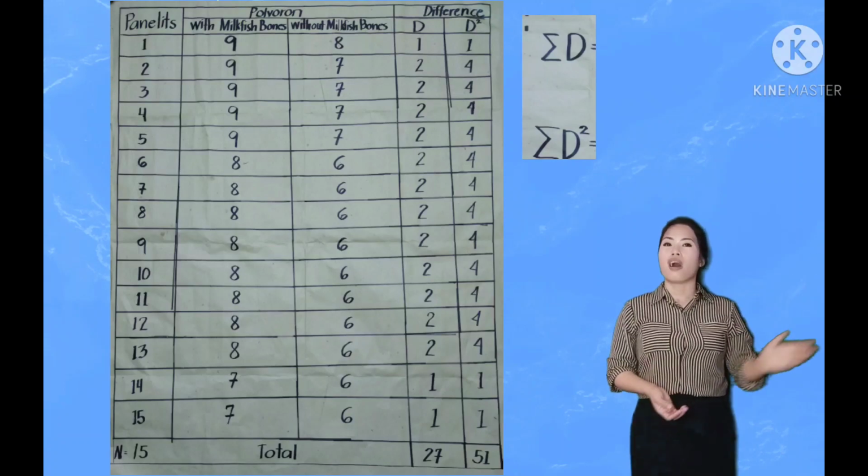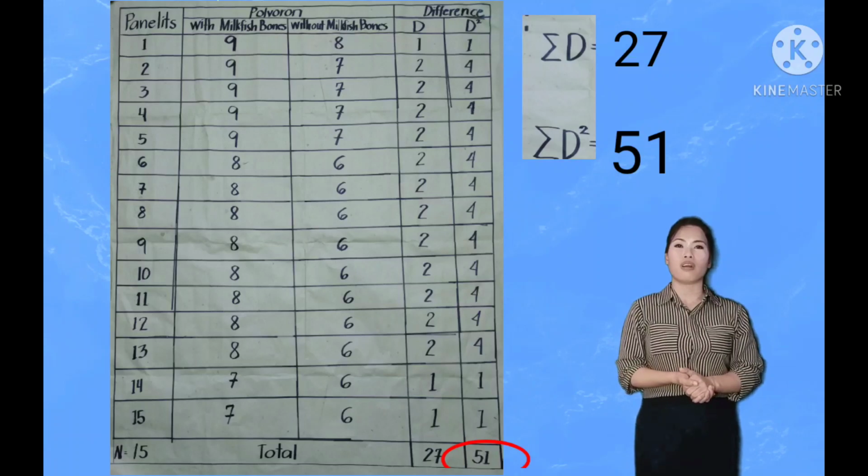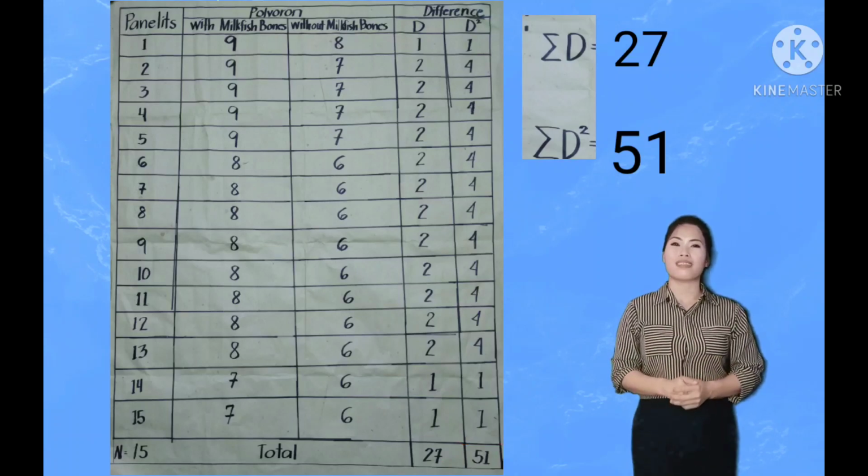So therefore, our summation of D squared is 51.